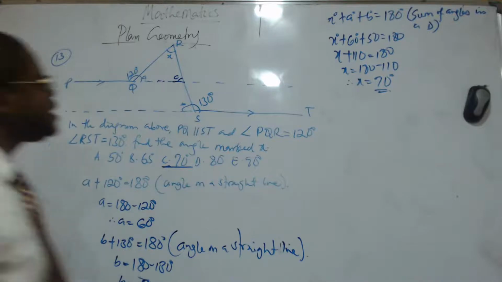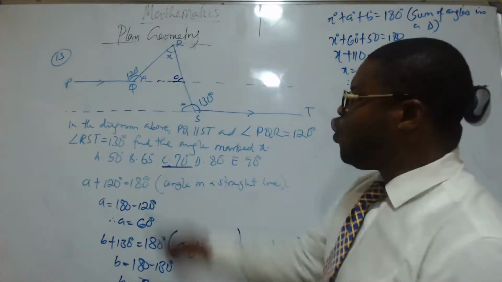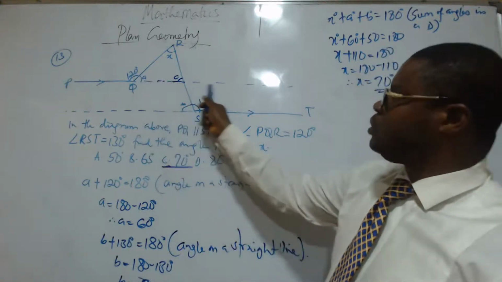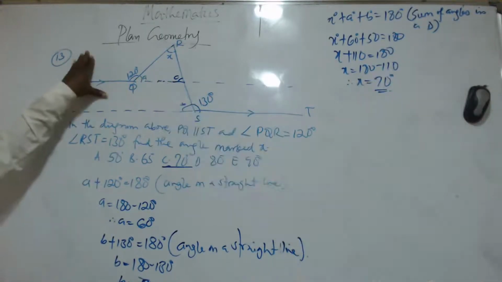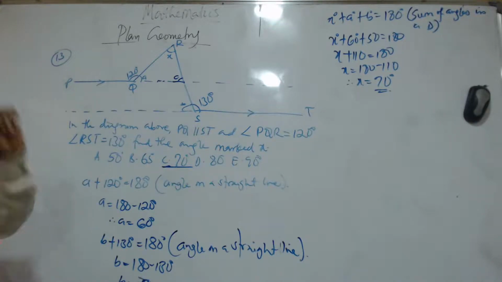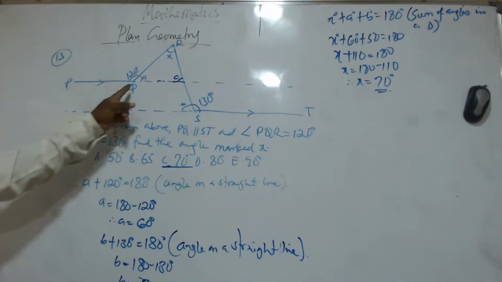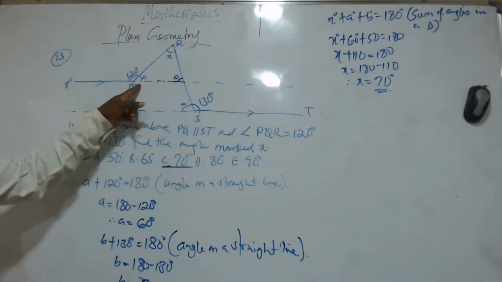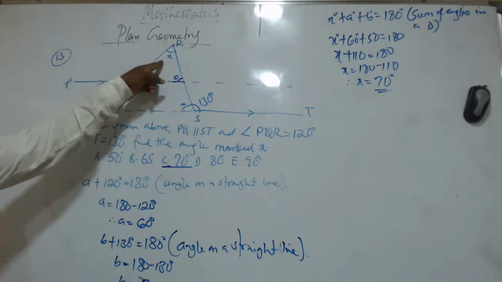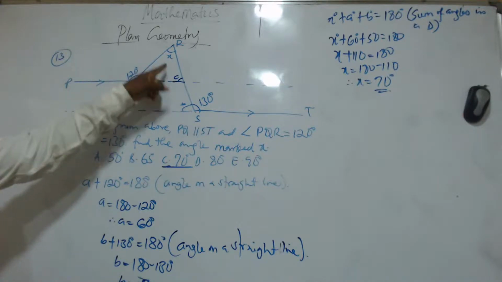Note, if we don't extend this angle, we will not be able to get the value of the unknown in your JAMB. Ensure the first thing that comes to your mind is extending the lines to get the angles that will aid you to get the angle you are asked to calculate.